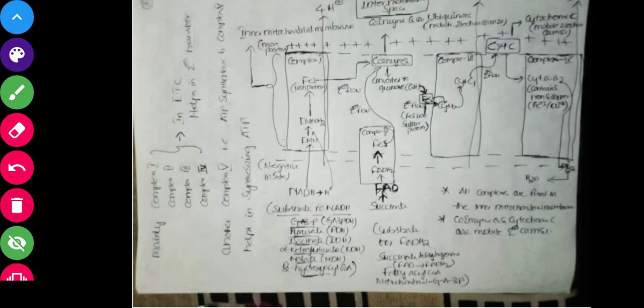Outside this inner mitochondrial membrane is the intermitochondrial space, and above that we will find the outer mitochondrial membrane. When we come inside, this is the inside of the mitochondria. When the electrons are flowing and the protons are pushed into the intermitochondrial space, a positive charge will be developed here.